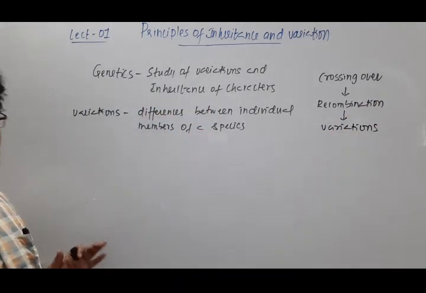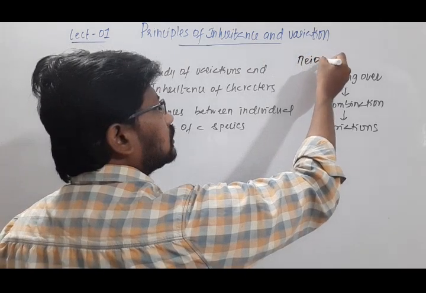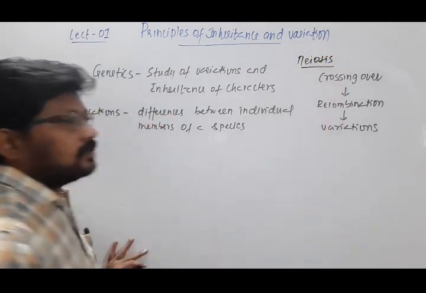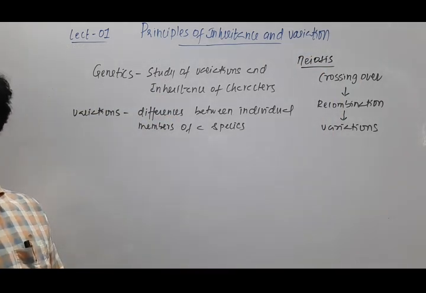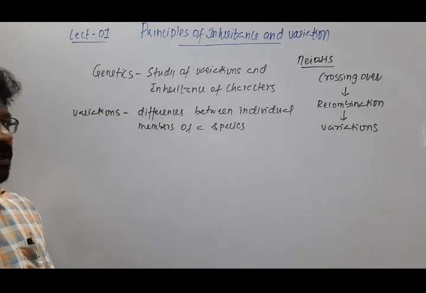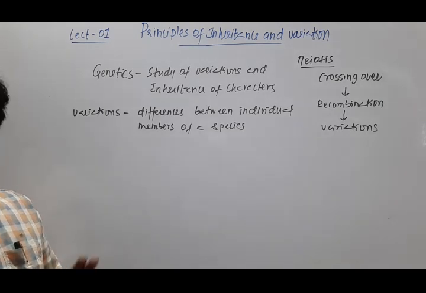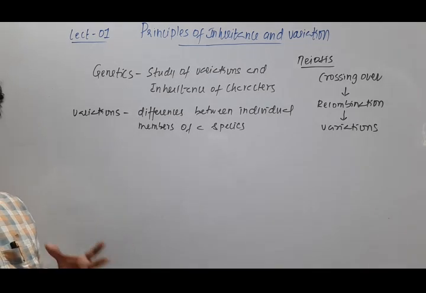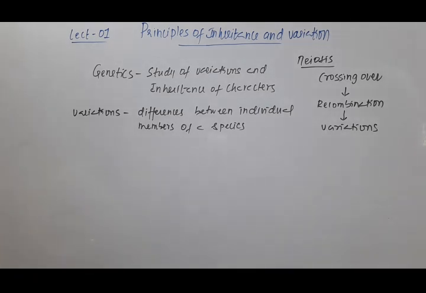So in the cell division called meiosis, crossing over takes place, crossing over results in recombination, and recombination results in production of variations. Those are differences between individual members of a species.